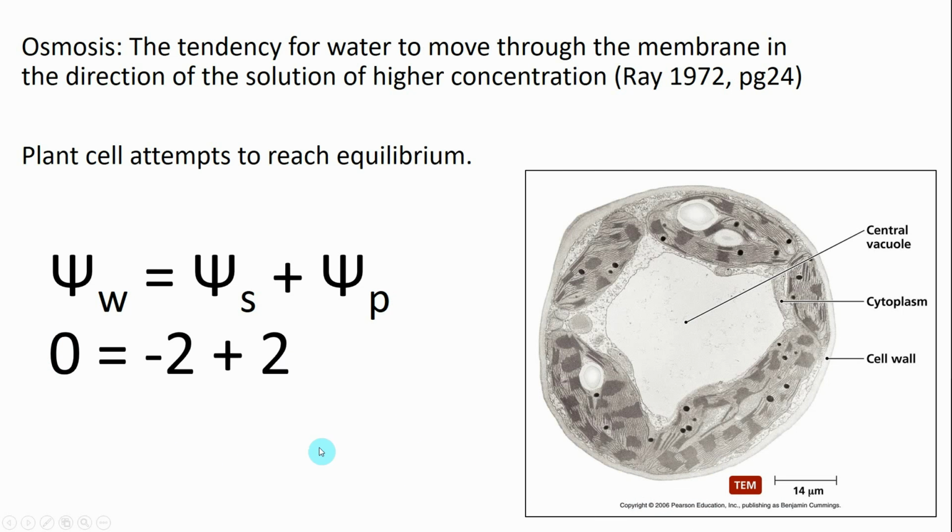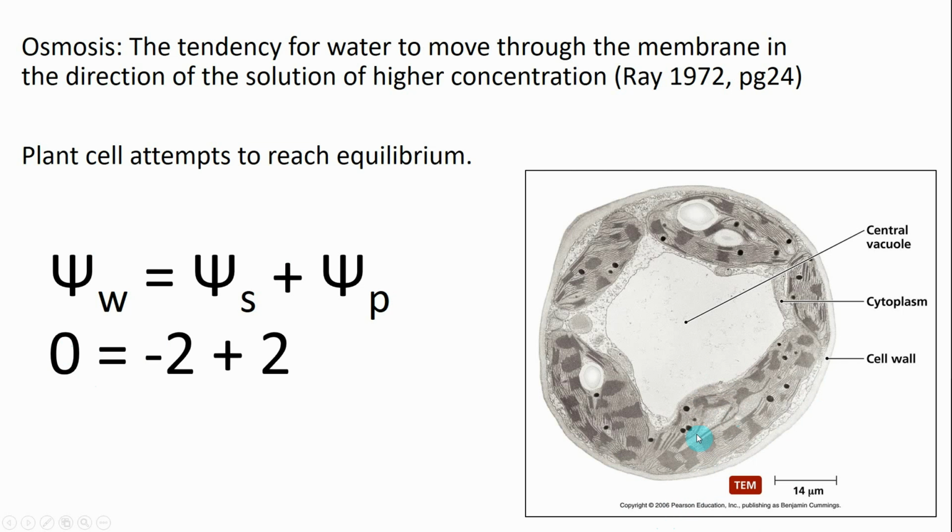This cell over here is still -2 plus 0, so the water potential is -2. So the water is going to move from this water potential of 0 to -2, so the water is going to move this way. And as the water moves this way, it's crossing through a cell wall, and as it passes through, it's coming into the cell.